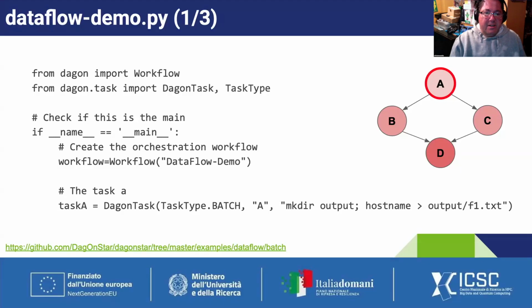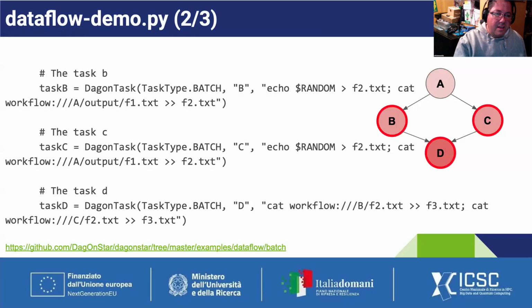And here we have a really simple batch based task. Here the task A simply creates a directory and then copies the host name in the file F1.